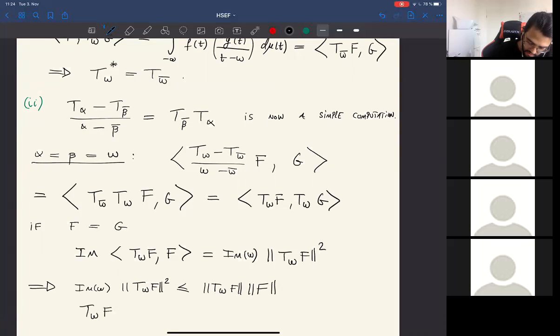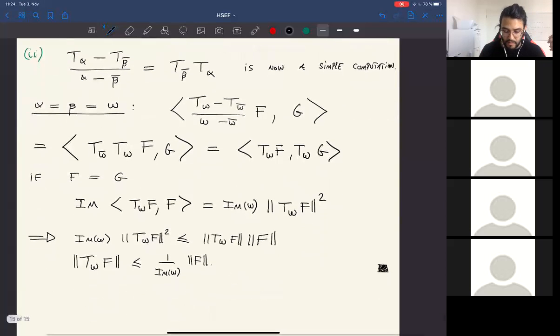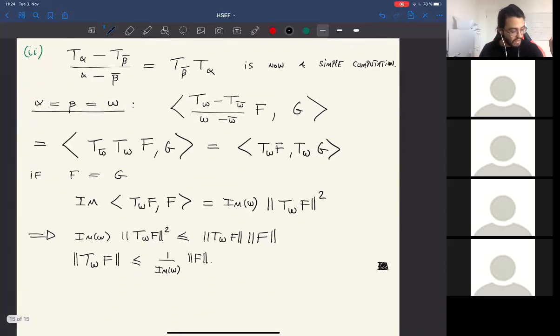So then you conclude that the norm of TW F is less than or equal to 1 over the imaginary part of W times the norm of F. Okay, and therefore it's continuous. And that finishes the result. Any questions here in this second part?